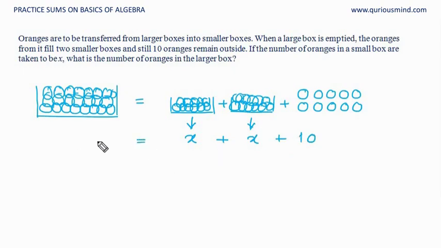Now 1 x and 1 more x, that is 2 times x, which is 2 multiplied by x. We are not writing the multiplication sign. 2 times x plus 10. So the oranges in the larger box are equal to 2x plus 10.